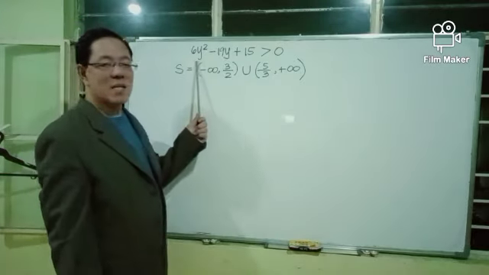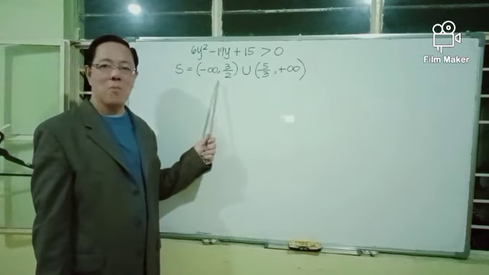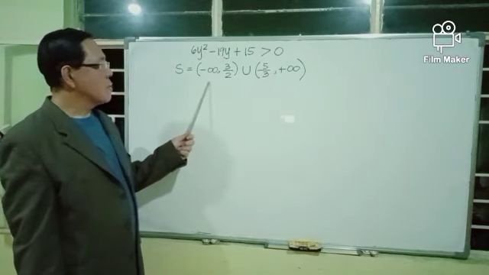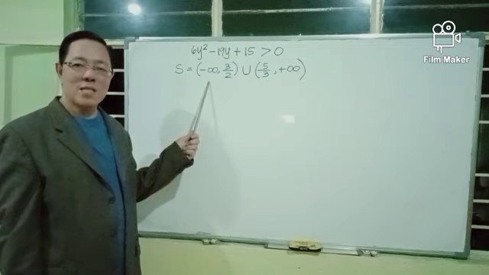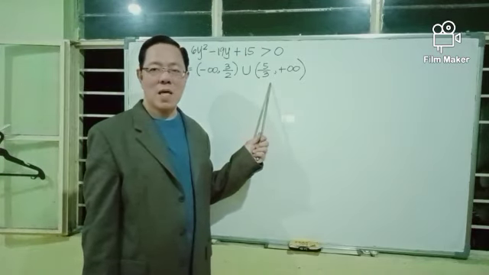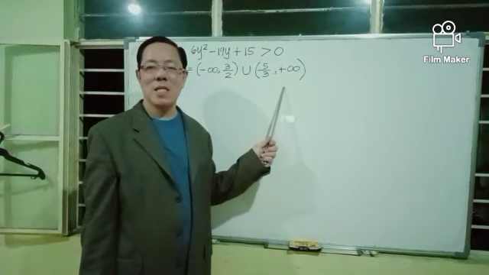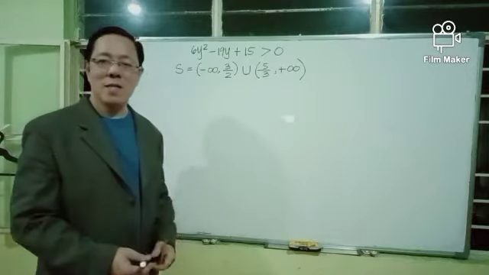And for this particular quadratic inequality, our solution is the union of this open interval, which is the solution for our case 2, and this open interval, which is the solution for our case 1. Now we represent this solution in a diagram or on the real line.